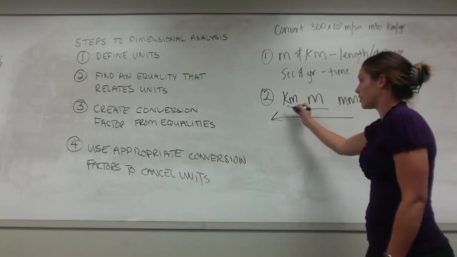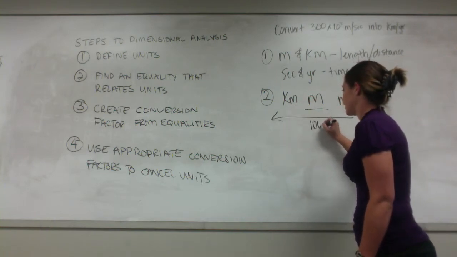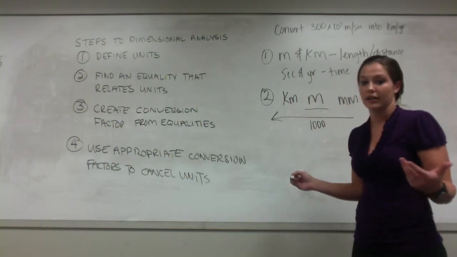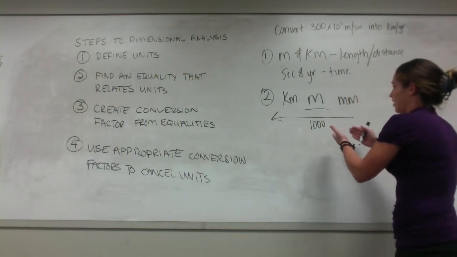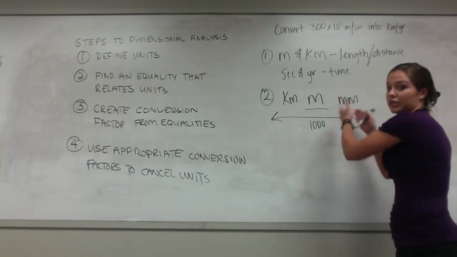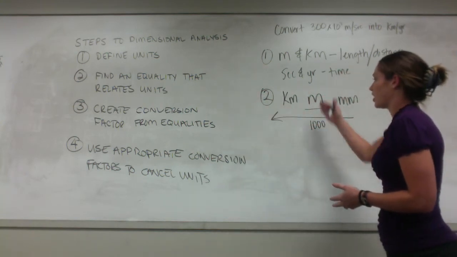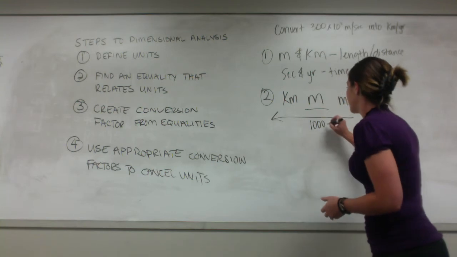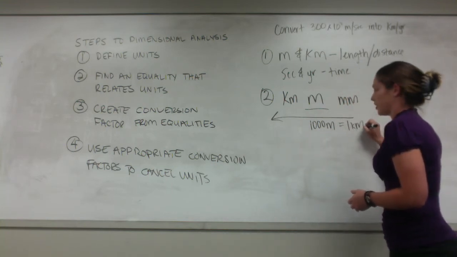So kilometers are bigger than meters, so a kilometer is 1,000 meters. That's how I remember it. I don't know if that'll help anybody. And that's how I remember also that there are 1,000 millimeters in a meter, because you're constantly getting bigger. So our relation here is that there's 1,000 meters in 1 kilometer.